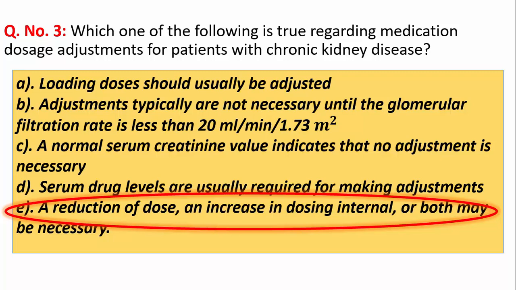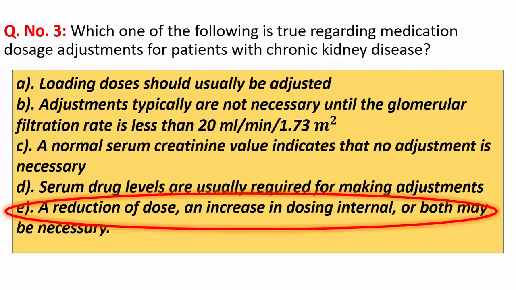Serum drug levels are usually not required, but reduction of dose is, as I've already said, because some drugs are excreted through the kidney route. So there will be many medications that require dosage adjustments in patients with chronic kidney disease. Medications are adjusted based on the GFR or creatinine clearance.